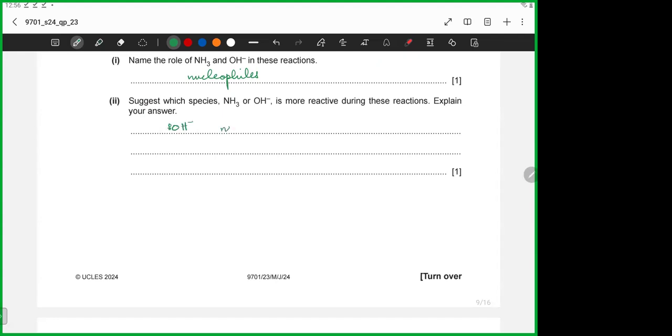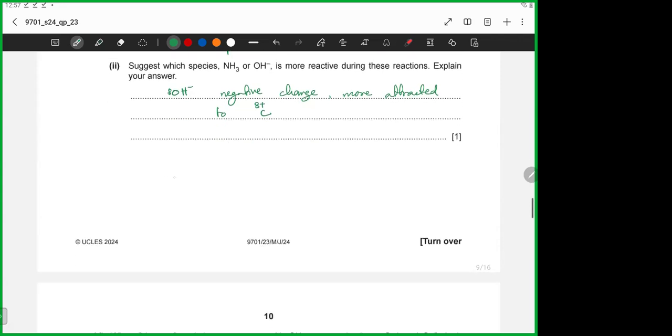Why? Because it's got a negative charge, so it's more attracted to the partial positive carbon atom, right? Is that clear?